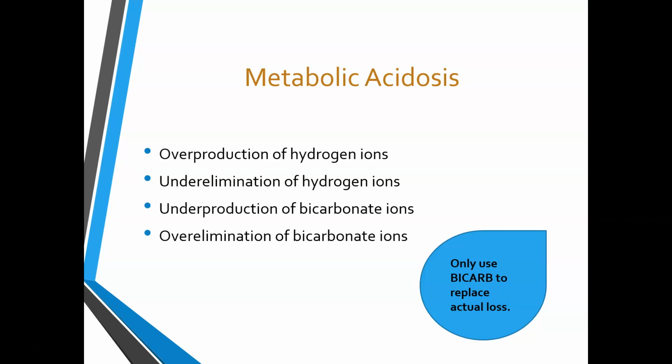Some conditions that can put a patient in a metabolic acidosis state could be diabetic ketoacidosis, excessive diarrhea, because again, remember the intestines are basic, renal failure with an increase of lactic acid, poisoning, extended use of TPN, and having excessive ostomy drainage as well. And when there's an actual loss, that is when you'll only use bicarb at that time.